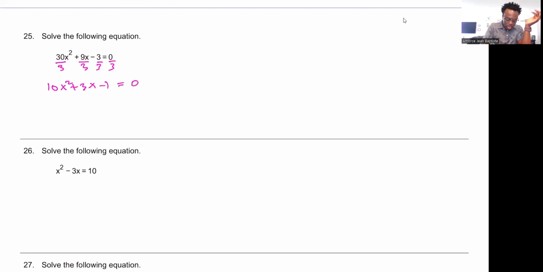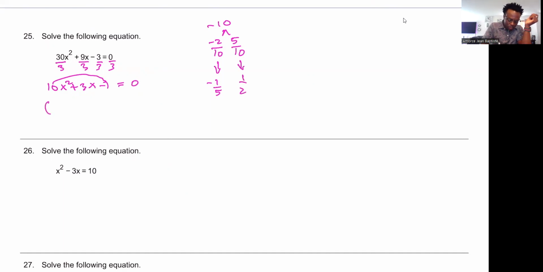Two factors that multiply to -10 and add up to 3 are -2 and 5. And then divide by 10, and you would have two factors. You can simplify this as -1 over 5, and then this one simplifies to 1 over 2.